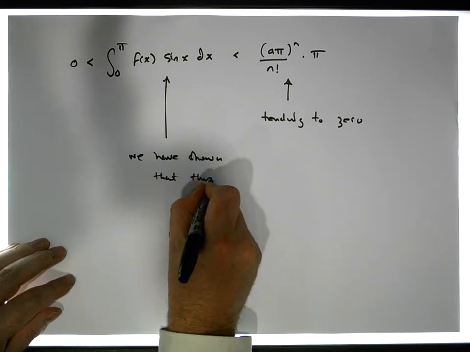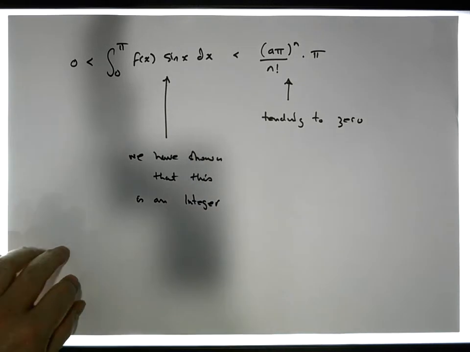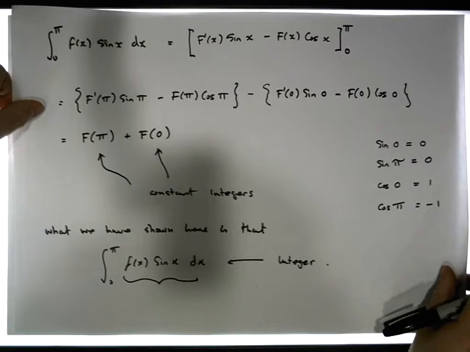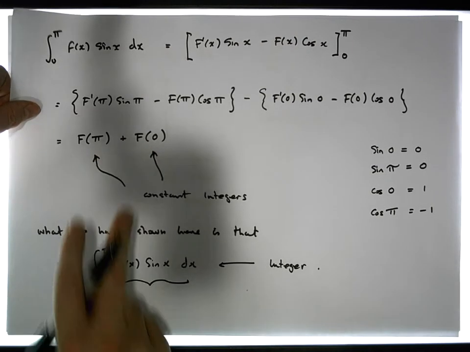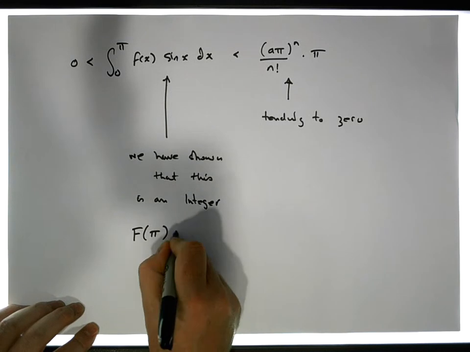Actually, if we just roll back there, there you go. We've shown back here that this thing is an integer. In effect, it's f of pi plus f of 0. It's an integer. So what the hell is happening here?